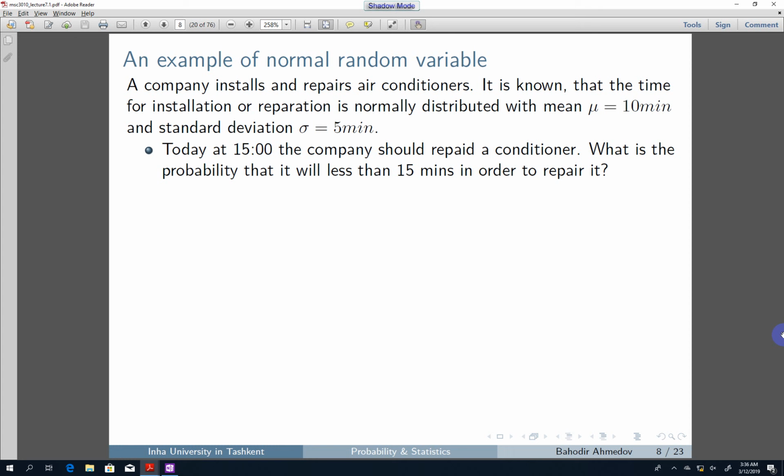If they come tomorrow to my house at 15:00, what is the probability that it will take less than 15 minutes until they set up everything with my air conditioner?